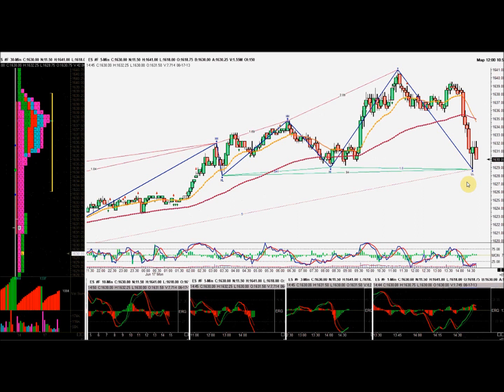I do have some of the indicators down here, such as the ergodics. Again, ergodics are very complex. They're just averages of averages, so you can get some good trending information out of it. In a good trending market, you see how this 5 minute here kind of oscillates. You have a sine wave pattern here.